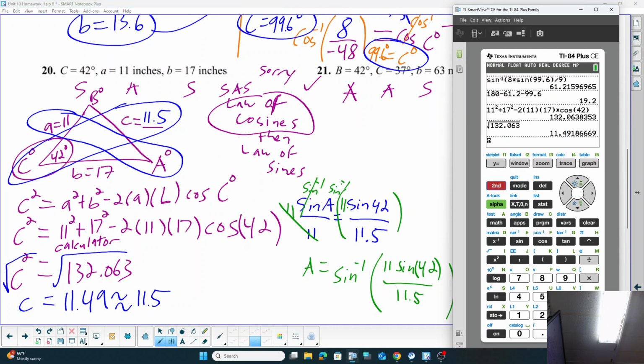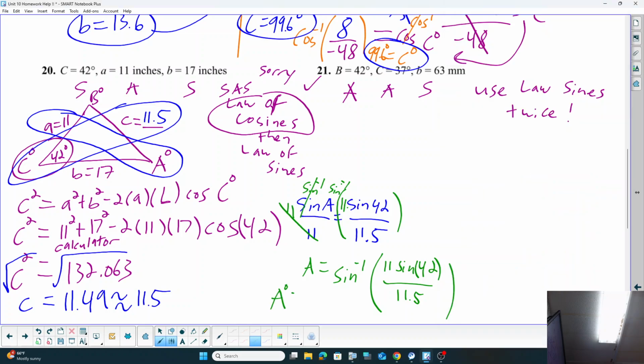Pause me, try it on your own, practice, and see if you get it right. Here we go. Inverse sine of all that gives us our missing angle A, 39.79, which rounds to 39.8 degrees.